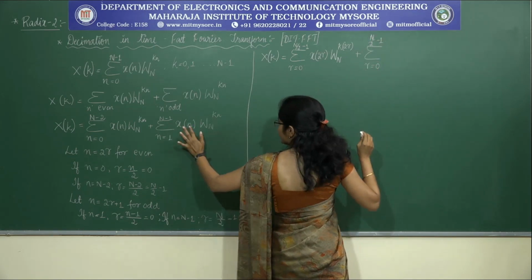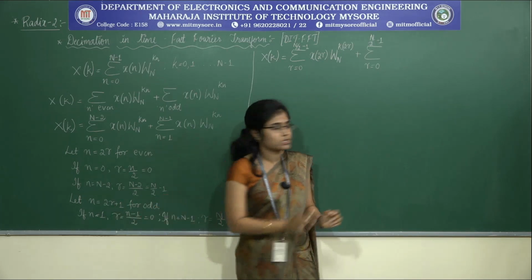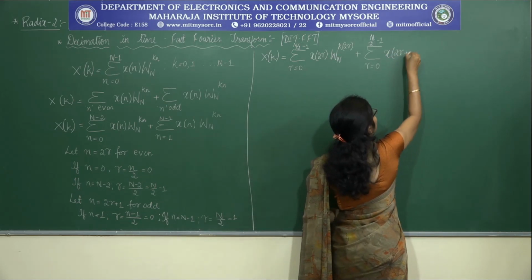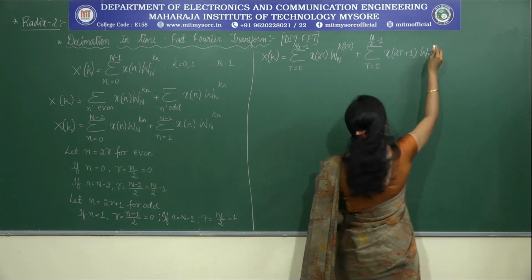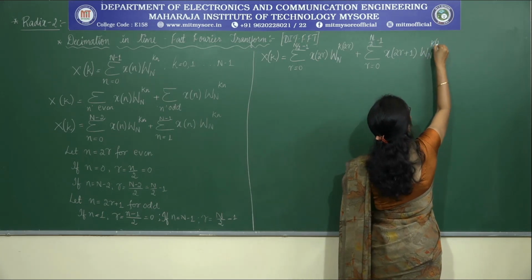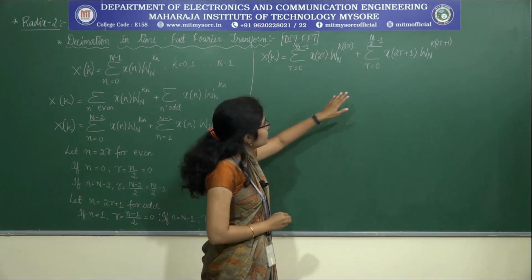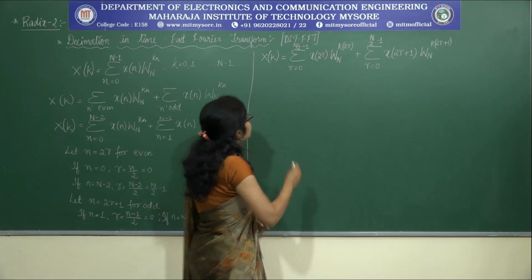In the second term, wherever we have n, I need to replace it with 2r plus 1. So let us replace, that is x of 2r plus 1 into omega n to the power of k into 2r plus 1.